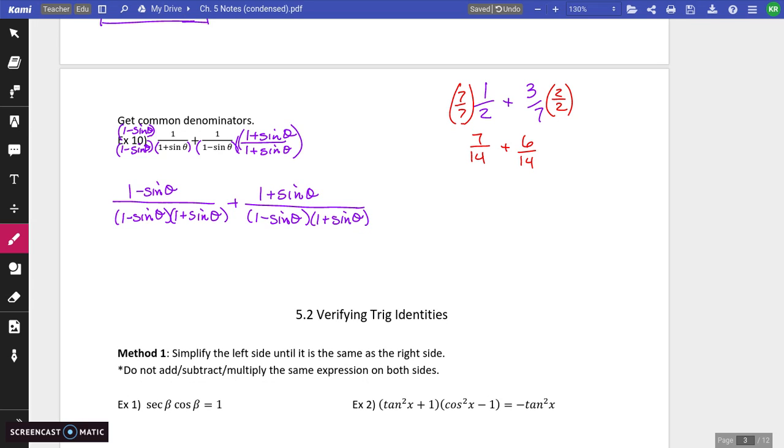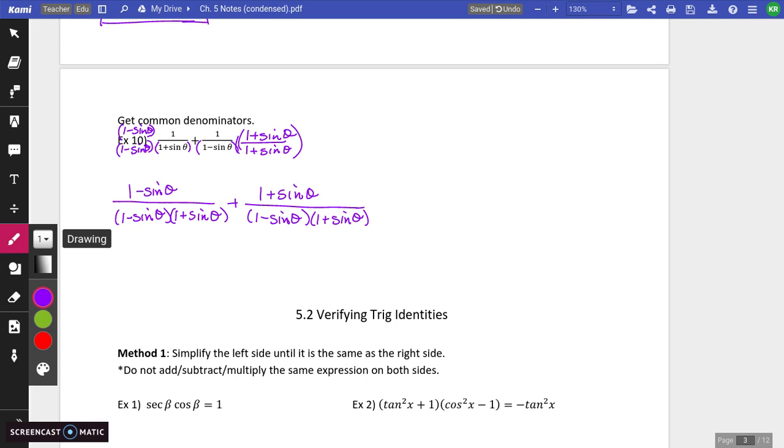If we go back to what we just talked about with the difference of squares, I want to multiply together this denominator for you so you can see what happens to it. So if you go 1 minus sine theta times 1 plus sine theta, FOIL.